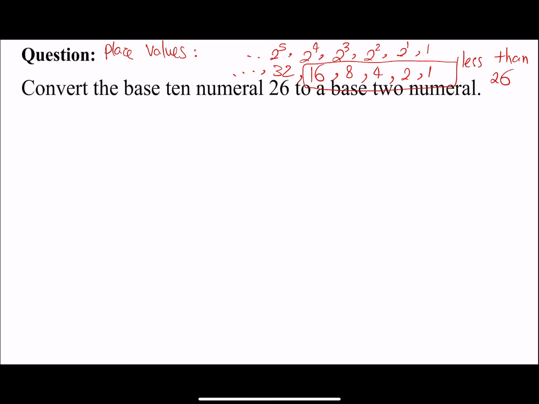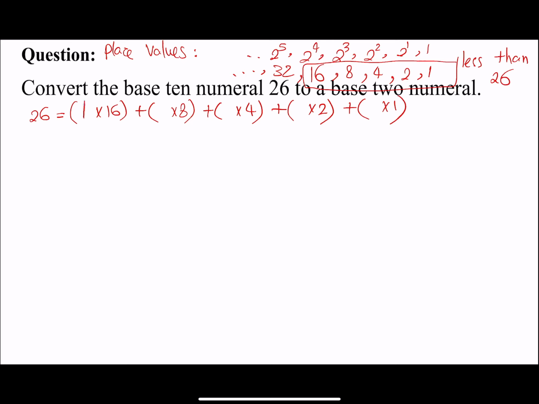I want to see how many groups of 16, how many groups of 8, how many groups of 4, how many groups of 2, and how many groups of 1 actually build up 26. Okay, 2 times 16 is 32, which is bigger than 26. So I go with 1. So one group of 16. 1 times 16 is 16, right?